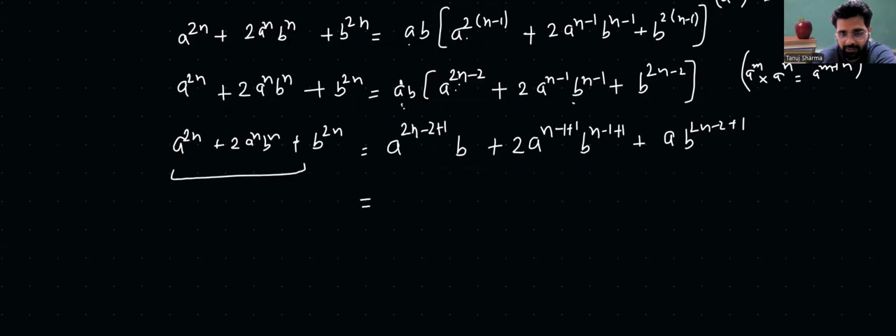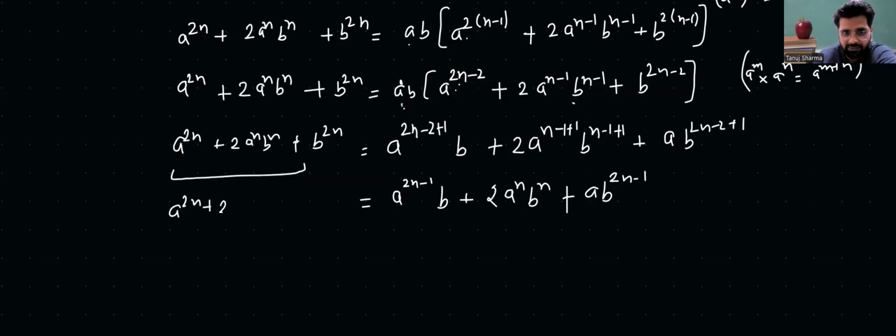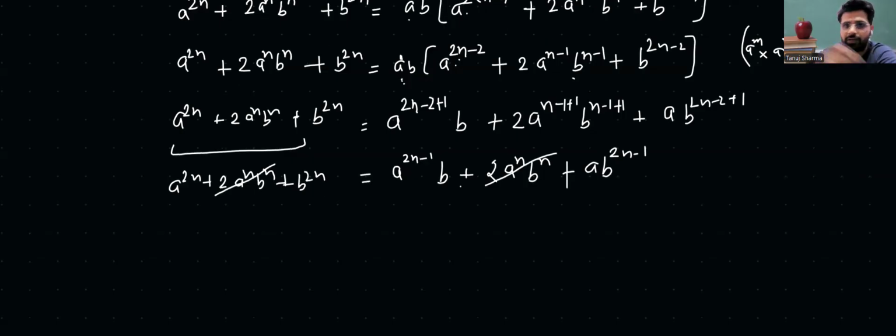A raised to power 2n minus 1 b plus this becomes a raised to power n and b raised to power n, plus a b raised to power 2n minus 1. So I just write this also, because some parts are going to be cancelled out here. So look at this. This part has the same sign and this part has the same sign, positive, positive. So then it's going to be cancelled out if we take one part to the right or left side.